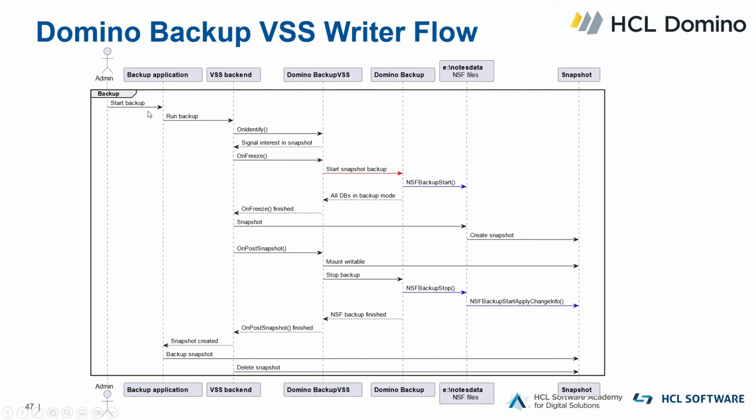So you see that the backup application is involved in the first step and the final step only. The backup application doesn't know about all the magic that happens here in the backend. Each of the components now knows what to do based on simple principles and a standard.